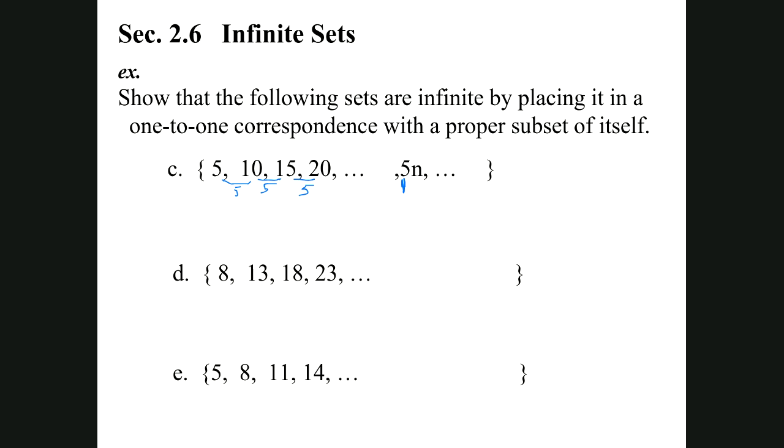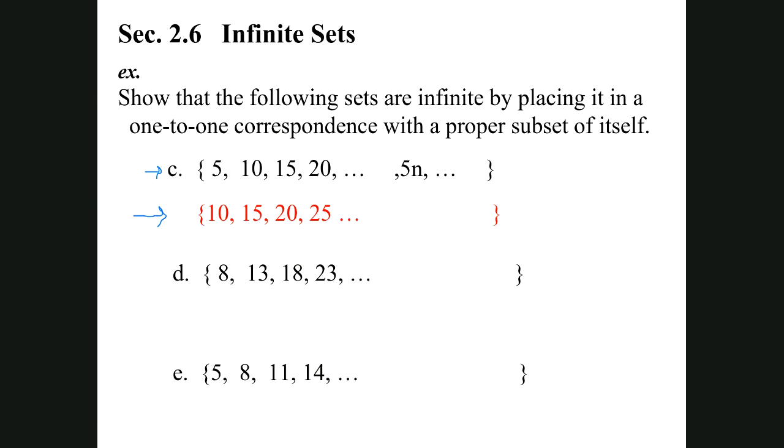Okay, now to show that this set is infinite, we're going to place it in a one-to-one correspondence with a proper subset of itself. So we're going to take away this first term right here, that 5, and I'm going to start with 10. So now there are fewer elements in this set than in this set. I took out the 5.